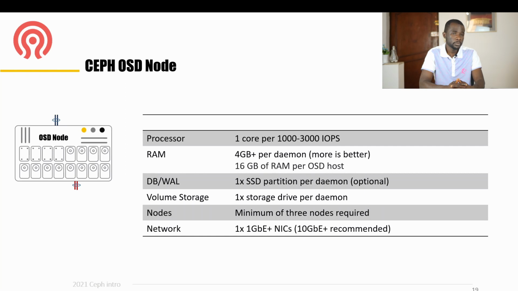And for the volume, I already mentioned, one Ceph daemon should use one hard drive. Okay, don't use a logical volume and so on for the data storage. You should have one mechanical hard drive or SSD for the storage.